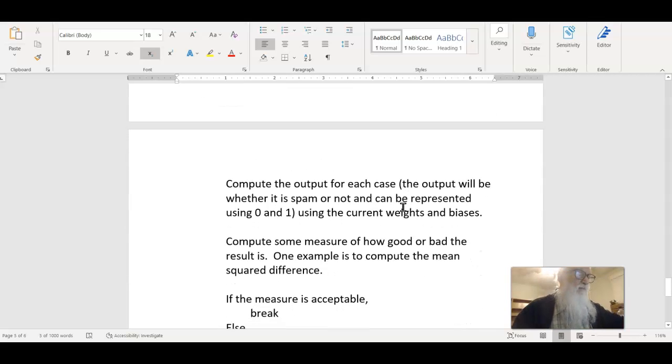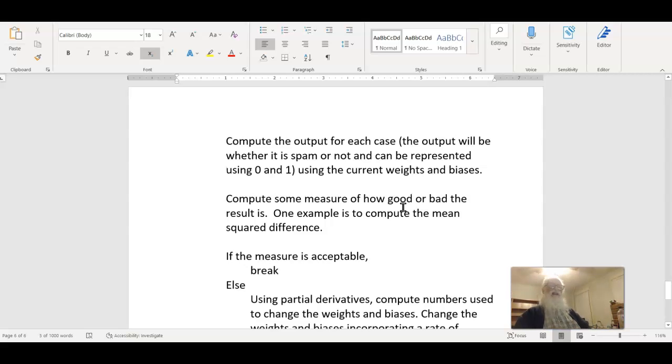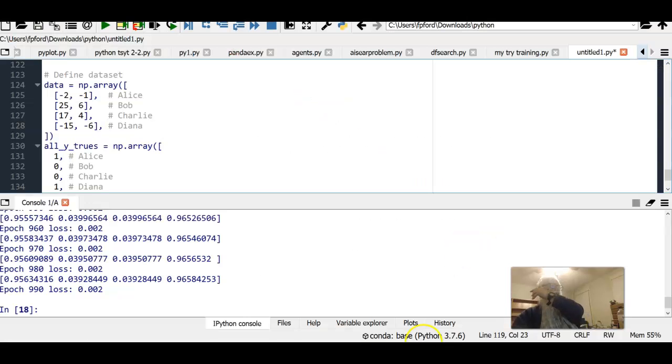How do we train it? We do the arithmetic to compute the output for each case. Now I have this in Python over here for the case I'm going to be talking about. Here's the input. We have 4 people that we know, 2 females, 2 males. We know that when we did the rearranging of the weights and the heights, these were the inputs at L0 and L1.